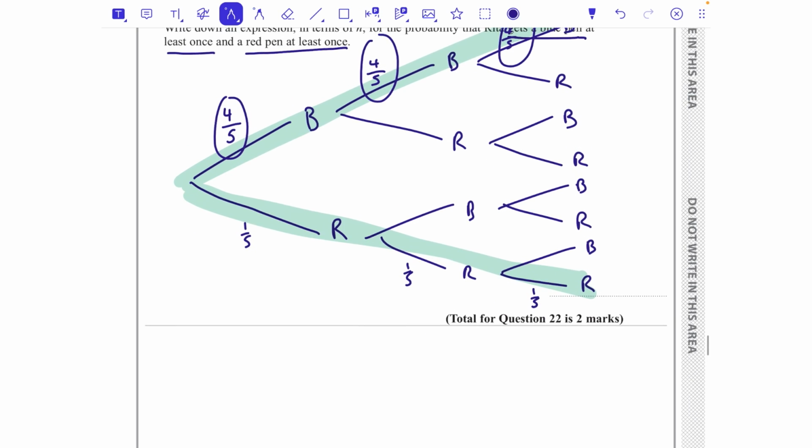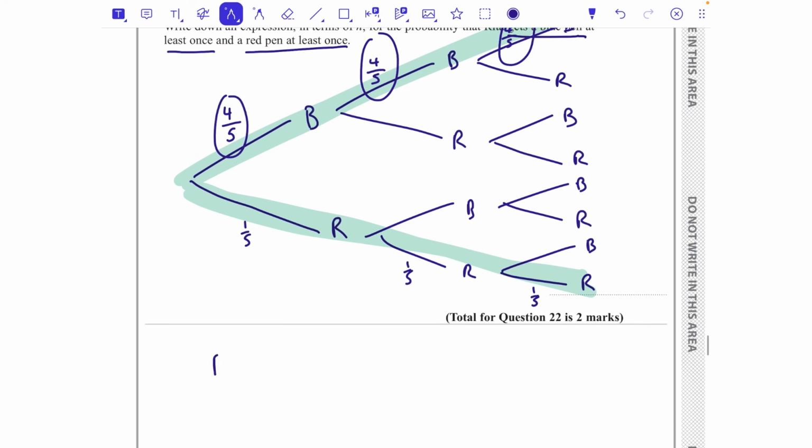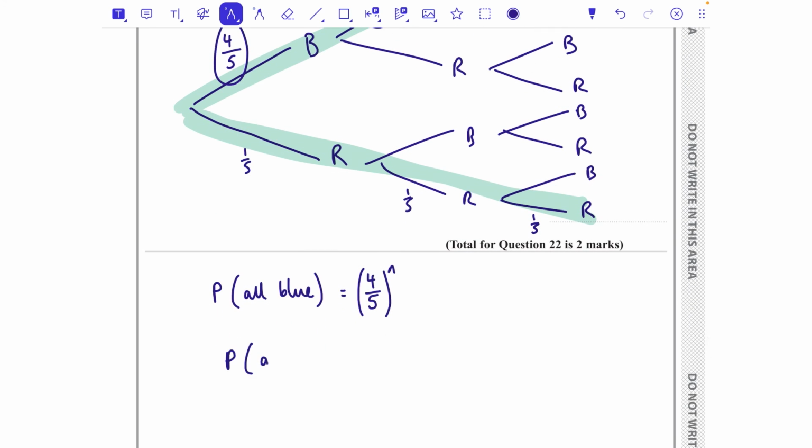So therefore, my answer here is going to be, so the probability of all blue is 4 over 5 to the power of n. The probability of all red is 1 over 5 to the power of n. And so the probability of the rest is going to be 1 take away 4/5 to the n, and also take away 1 over 5 to the n.